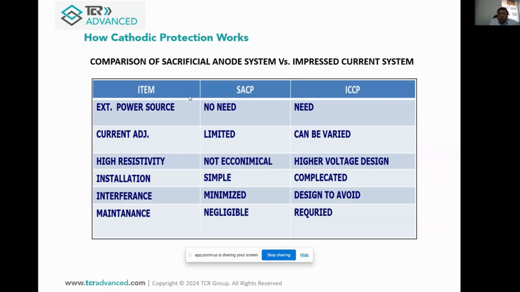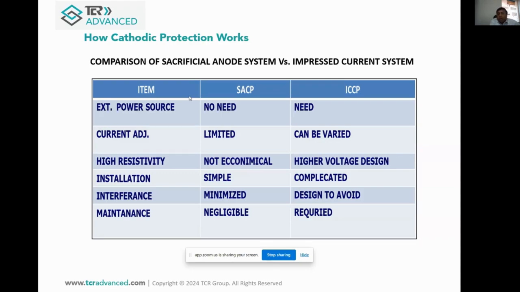In a sacrificial anode, current adjustment is limited since it has its own energy. Since we are providing power externally, we can control the current in ICCP. In a high resistivity environment, sacrificial anodes are not economical since there are driving voltage related problems.